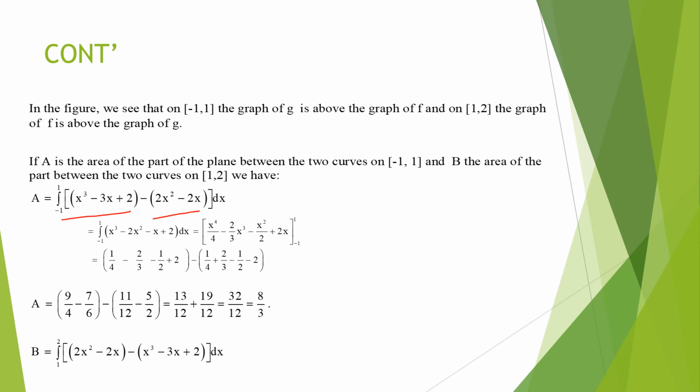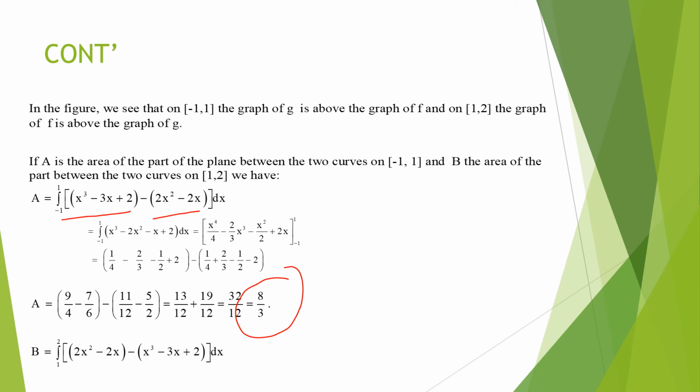So the final answer ends up being 8 over 3. This is the area of the region included between these two curves from -1 to 1. Remember that you have another part from 1 to 2.